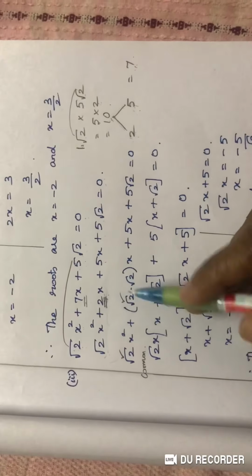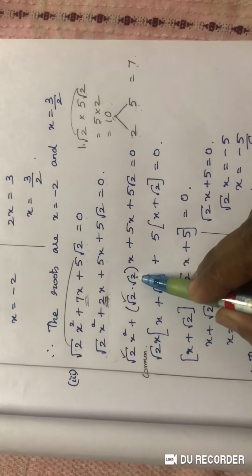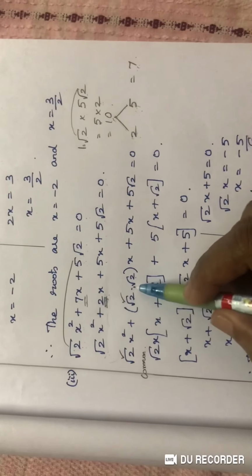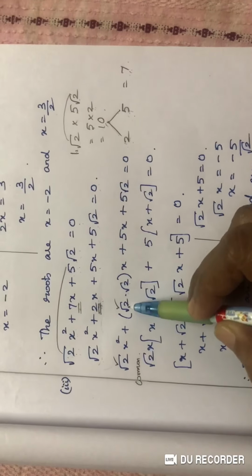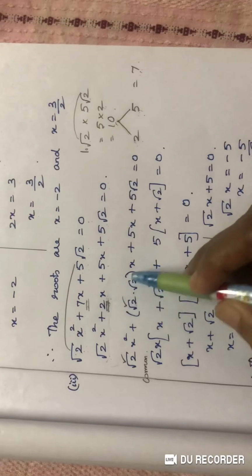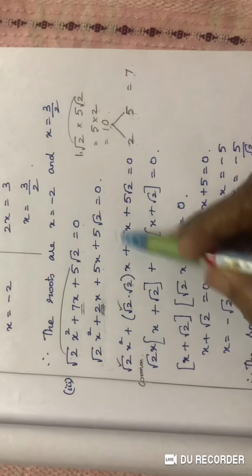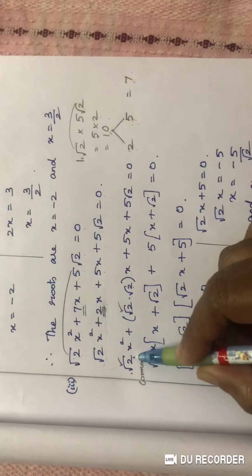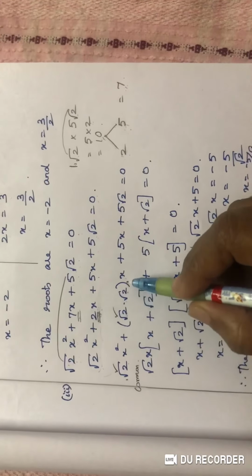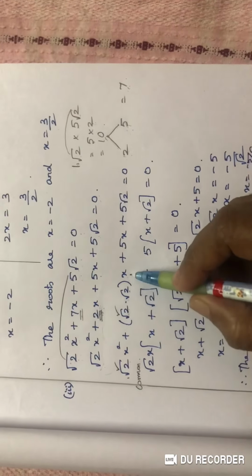So, 2 is nothing but root 2 into root 2. First step we are splitting and writing this. This x I am writing as it is. Rest of all the terms copy as it is. Now, this is your first term, root 2 x square. This is what our second term, root 2 into root 2 x.